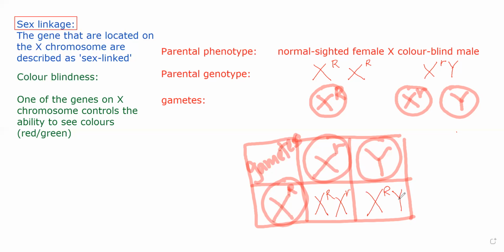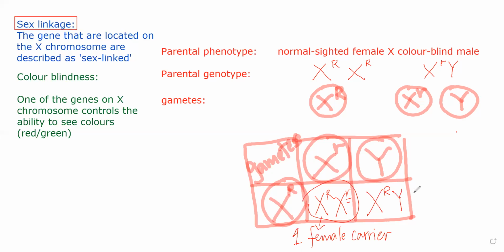So it means I'll have one female carrier, as we can see here. She is the carrier of that allele. She doesn't have this characteristic for now, but she is the carrier.